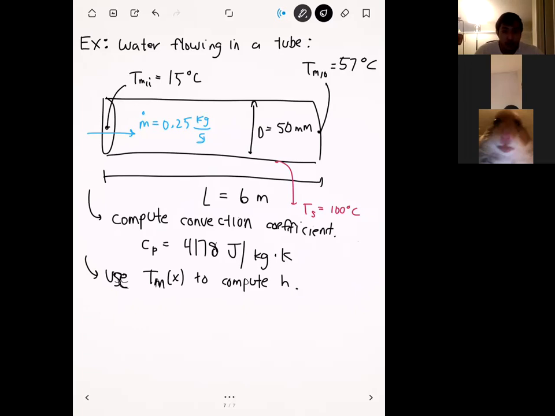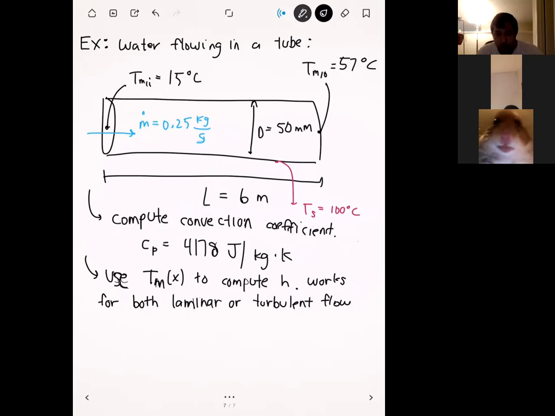Remember, Tm of x works regardless of whether your flow is laminar or turbulent, whereas the Reynolds numbers that we had only work for laminar flow.